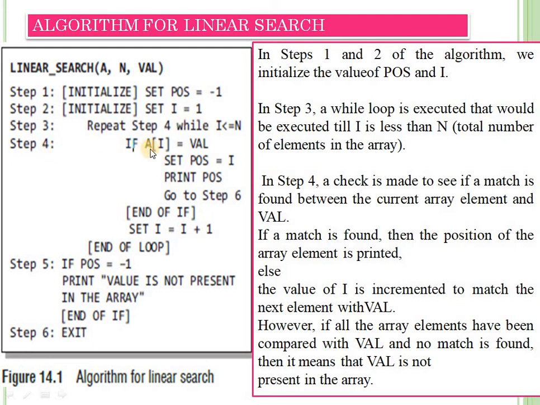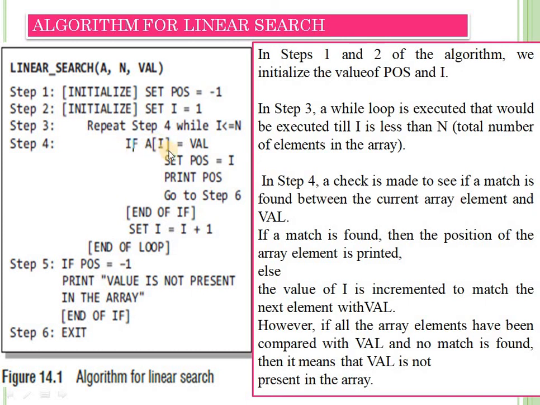Step 4, if A of I equals val, meaning the array A at index I is equal to val, the variable which we target. If the value is at A of I, then set POS equal to I, meaning we store that I position into POS, and print that position.